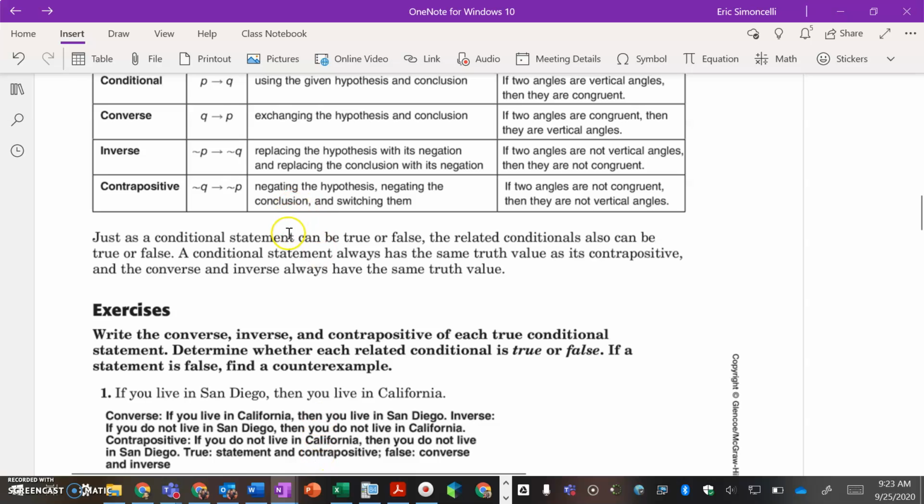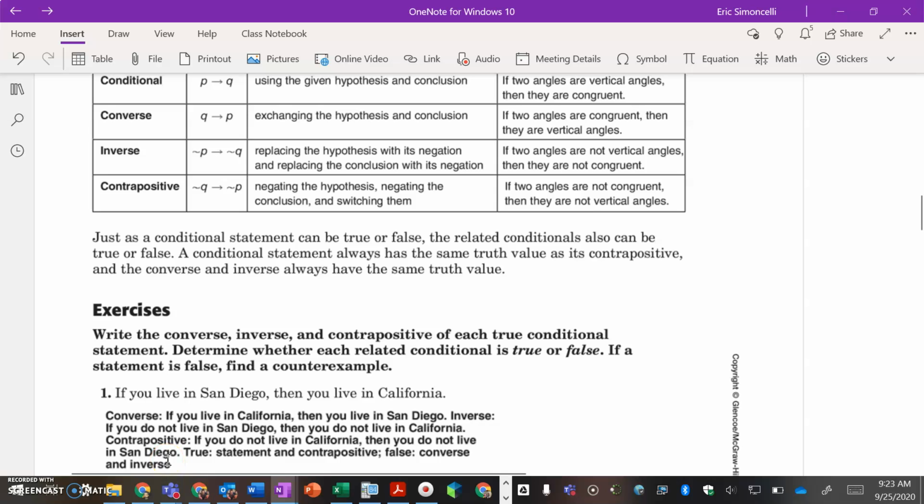I apologize. The contrapositive is the next concept to talk about, where it suggests not Q implies not P. So you're flipping and you're negating. So here it is. If you do not live in California, then you do not live in San Diego.